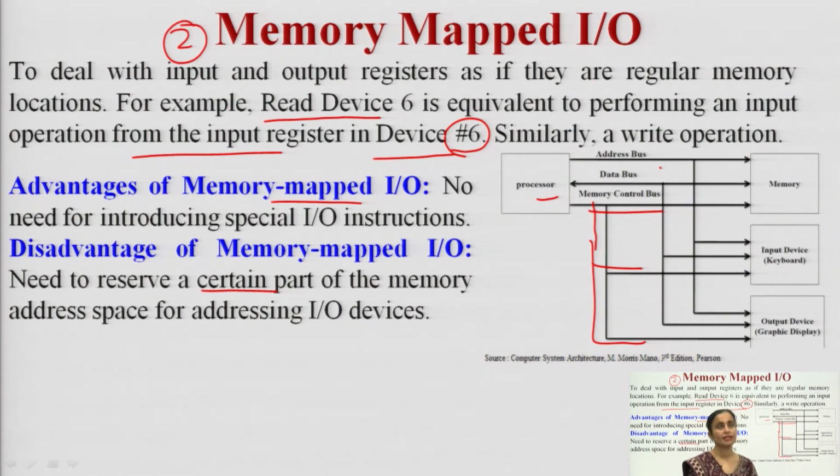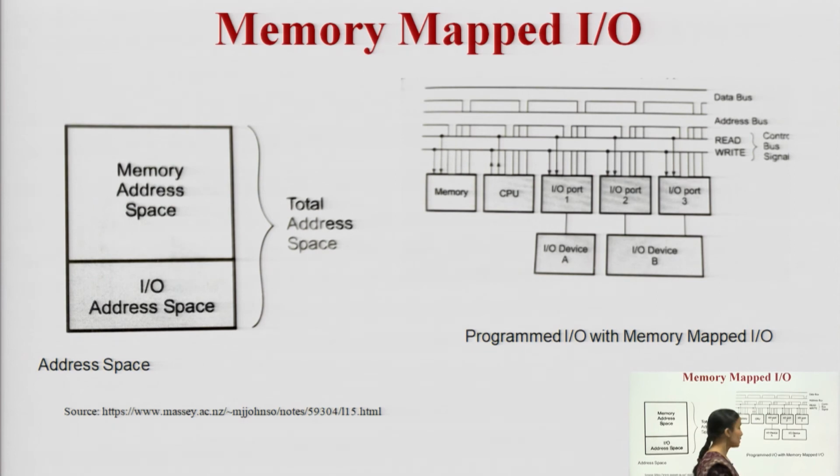But it increases our complexity and we need to reserve a certain amount of memory address space. So, as I was saying, this is our total address space. We need to specify the IO address space separately, and this is our memory address space.